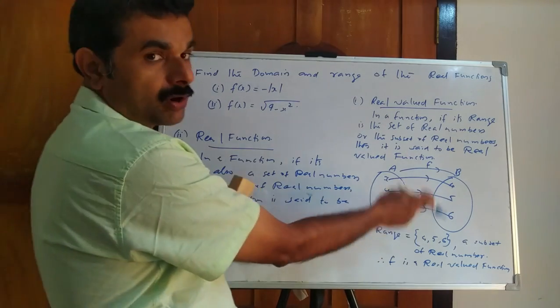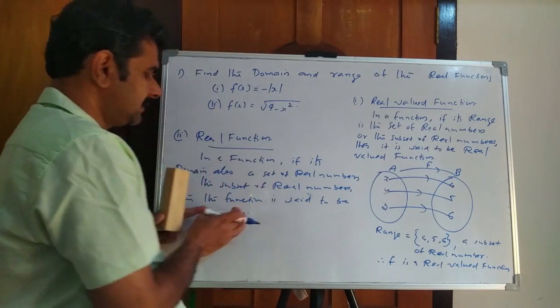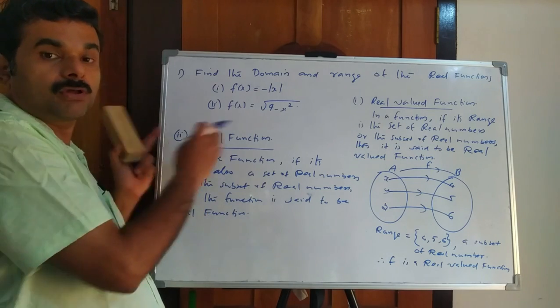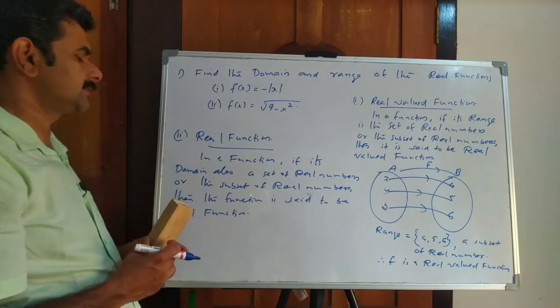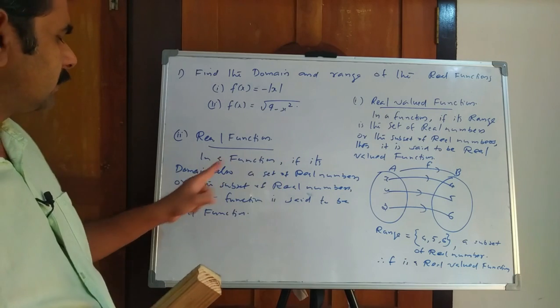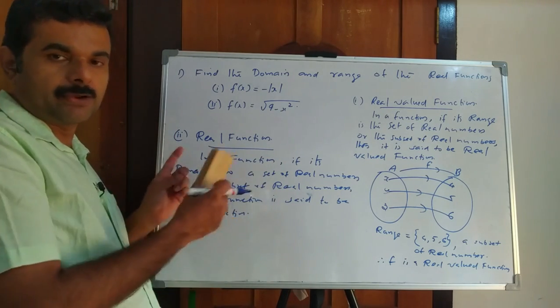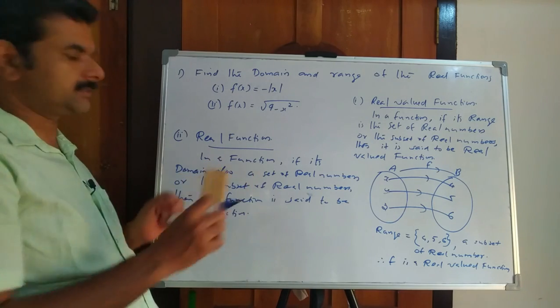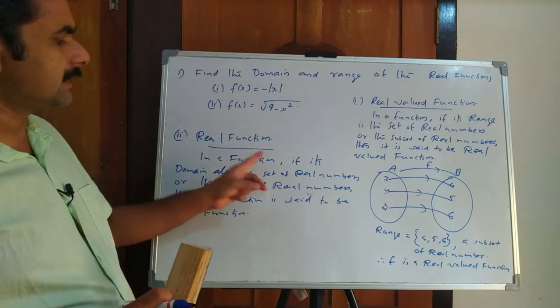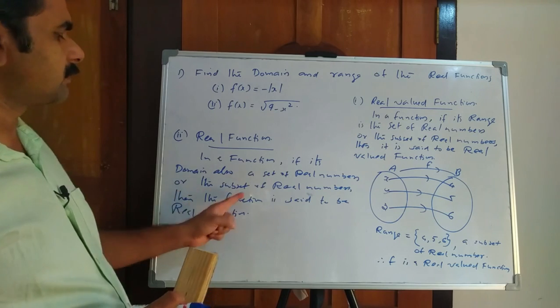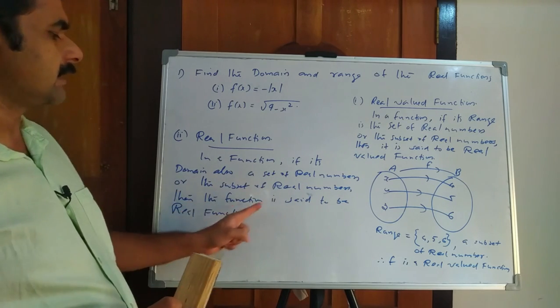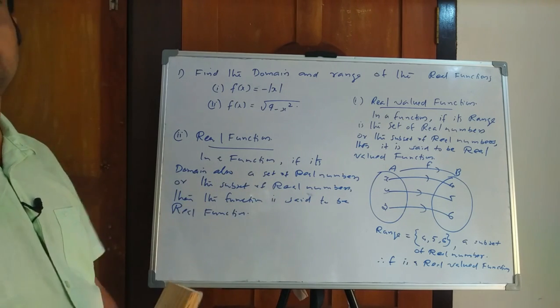It is different only for range in one case, and for both domain and range in the other. So in a function, if its domain also, both domain and range, are a set of real numbers or a subset of real numbers, then the function is said to be a real function.